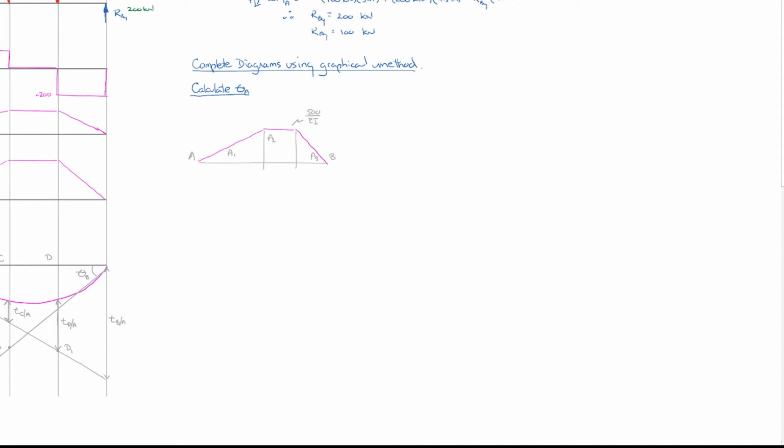And I'm also going to mark roughly the centroids of those areas because we're going to need to use their moment arm in using the moment area method. And so the first thing we're doing is theta A, and so we're going to need the moment arms relative to B. So I'm just going to draw these down here so we can see it.